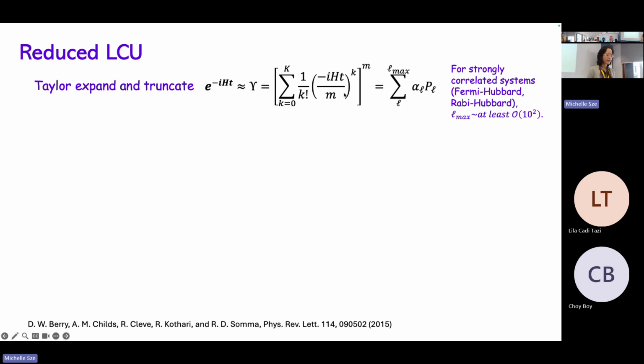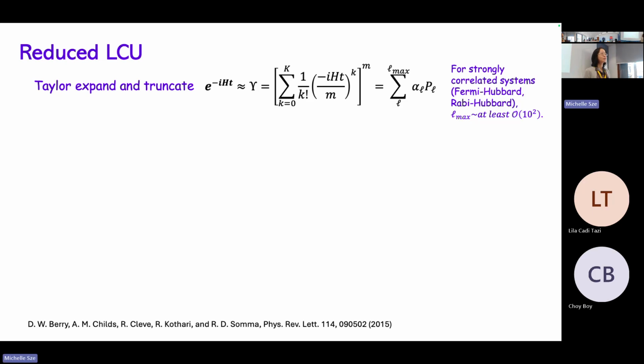The term inside the square brackets is actually an LCU in itself, but we also expanded that. If we raise this square bracket to m steps, we classically expand that further to get a bigger LCU.